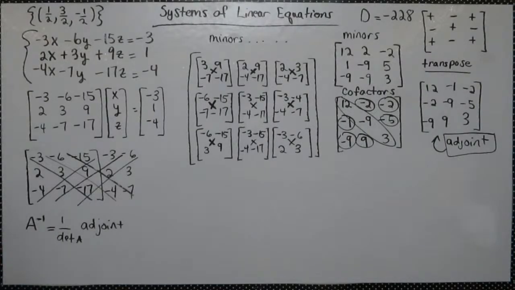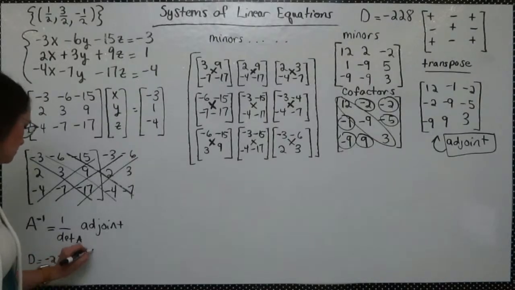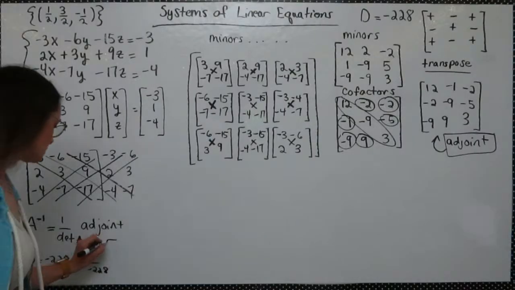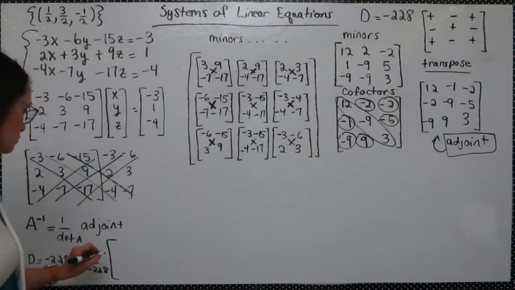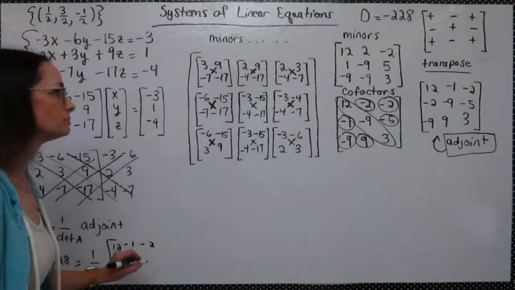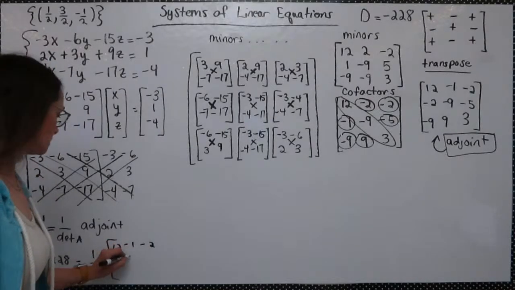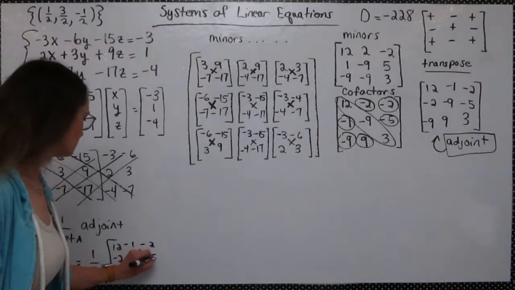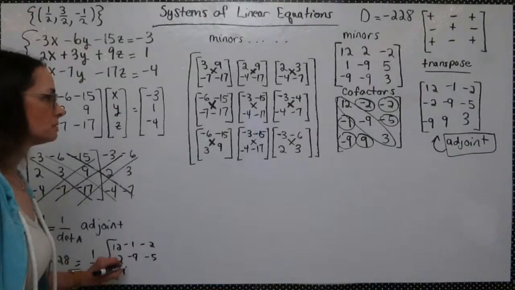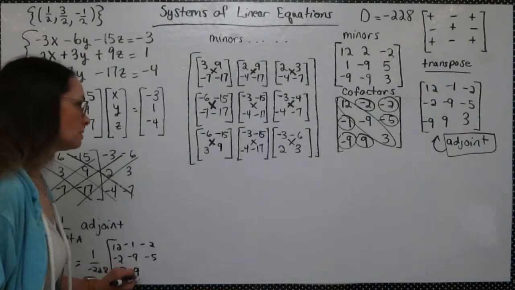So if my determinant is negative 228, then 1 over the determinant is going to equal 1 over negative 228. And then that's going to be times that matrix, the adjoint matrix, which is 12, negative 1, negative 2, negative 2, negative 9, negative 5. And this one's negative 9, positive 9, and 3.